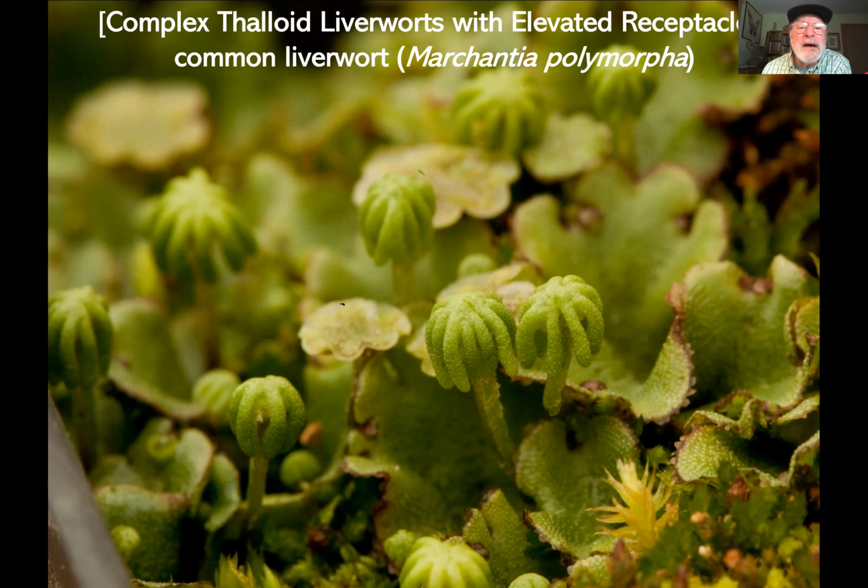Oh, wait, it came back. I can draw, sort of. The one I'm circling now is the male receptacle. And the ones that are very, very deeply lobed, which are more prominent here in this picture, those are the female receptacles where the sporophytes are ultimately produced, tucked in under those arms. They look like little palm trees.